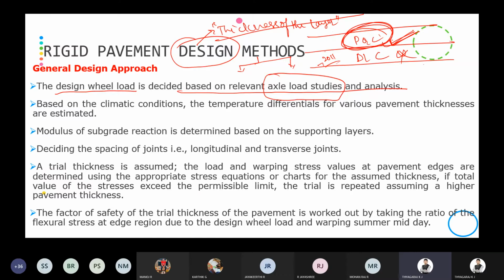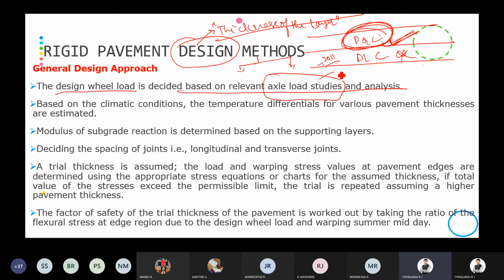we already know that the standard axial load is kept as 8.2 ton. So we are going to determine the axial load of each vehicle.